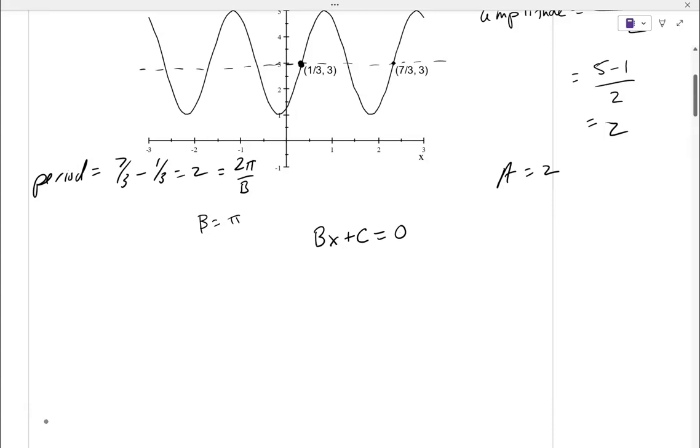We'll see an example of that later. But instead, we know what b is, it's pi. Instead, we plugged in 1/3 for x, didn't we? Isn't that what we plugged in here as 1/3, not 0? And so if we solve for c now, you get negative pi over 3 for the c value.